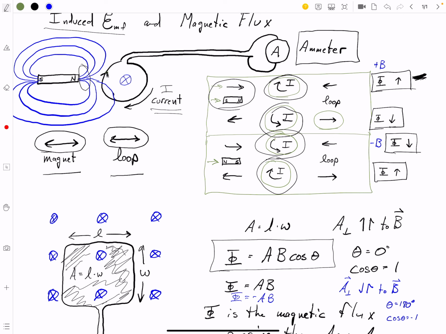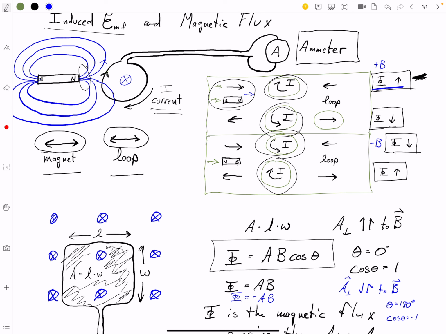Well, that's interesting because we're increasing our magnetic field going through. We're increasing it with our magnet. As we insert the magnet this way into the loop, it's increasing the density of our magnetic field. Therefore, our magnetic flux is going up. But what is the current doing? It's fighting it. It's creating a magnetic field that goes the opposite direction.